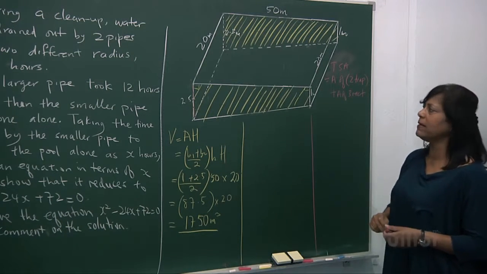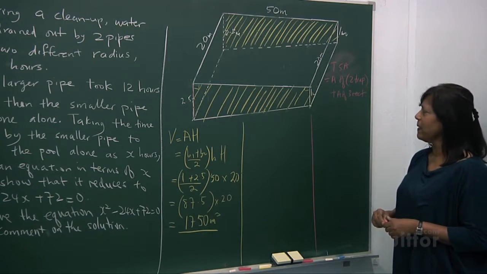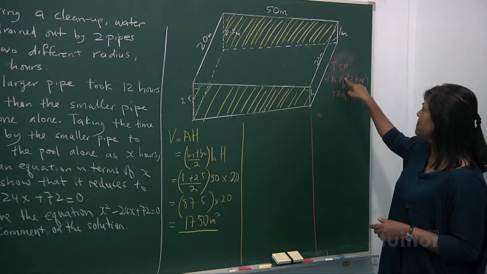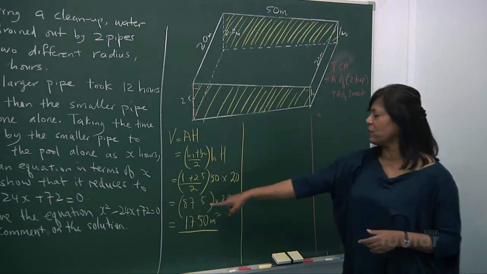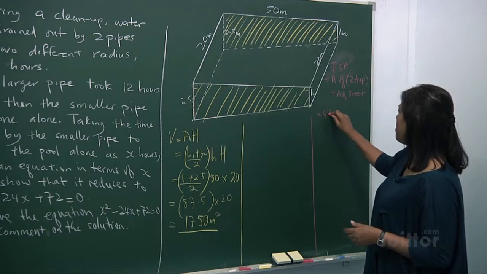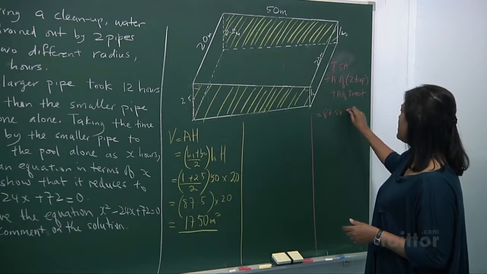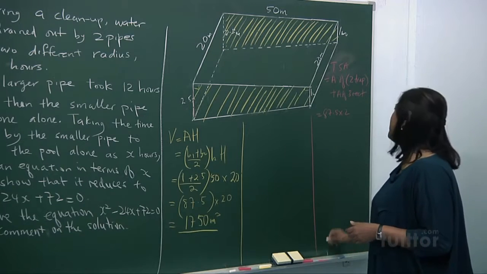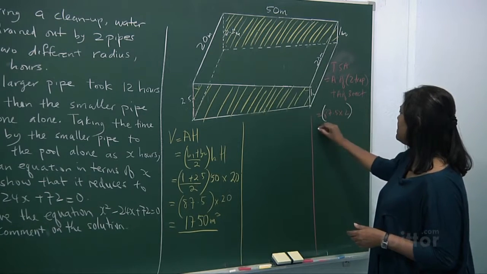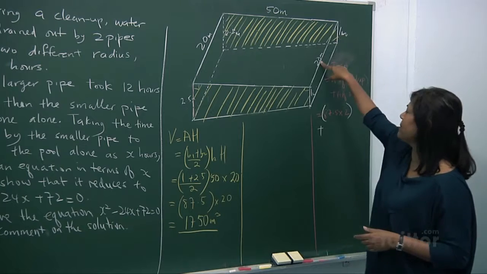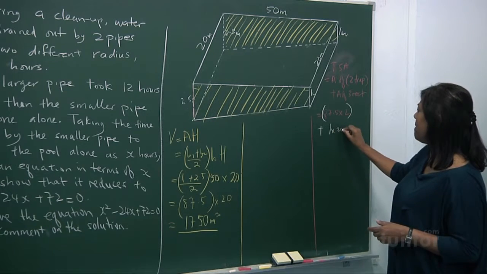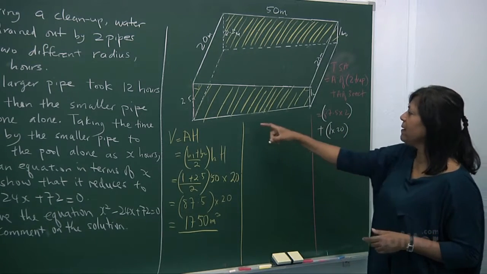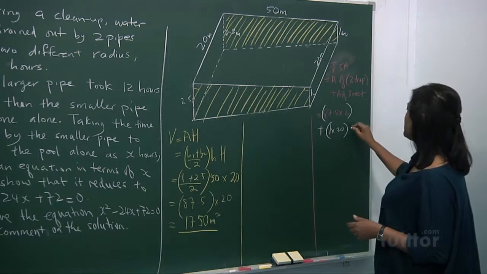Now the worry here is, how do we find them? Okay, the trapeziums, no problem. We've got the answer of the trapezium, 87.5 times 2. That's one part. One rectangle here is 1 times 20. The second rectangle is 2.5 times 20.